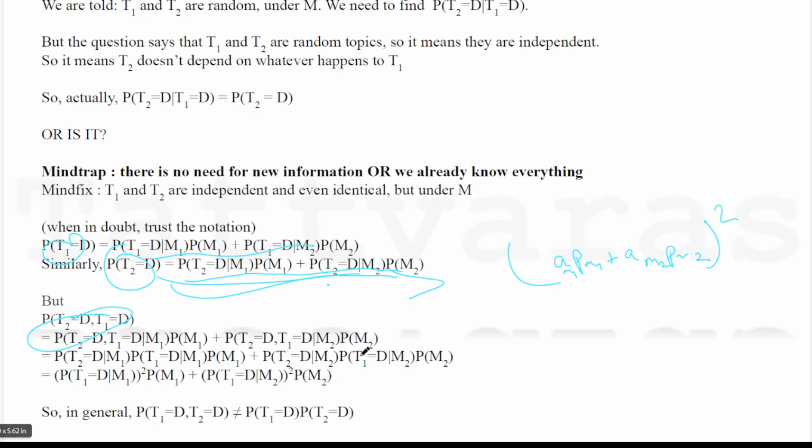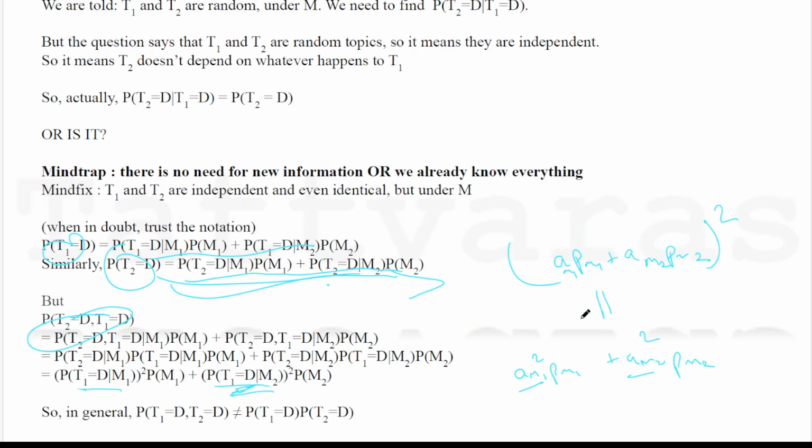Whereas this thing is more like a_m1 squared P(m1) plus a_m2 squared P(m2), where a_m1 is this probability, and a_m2 in all these situations is this probability.